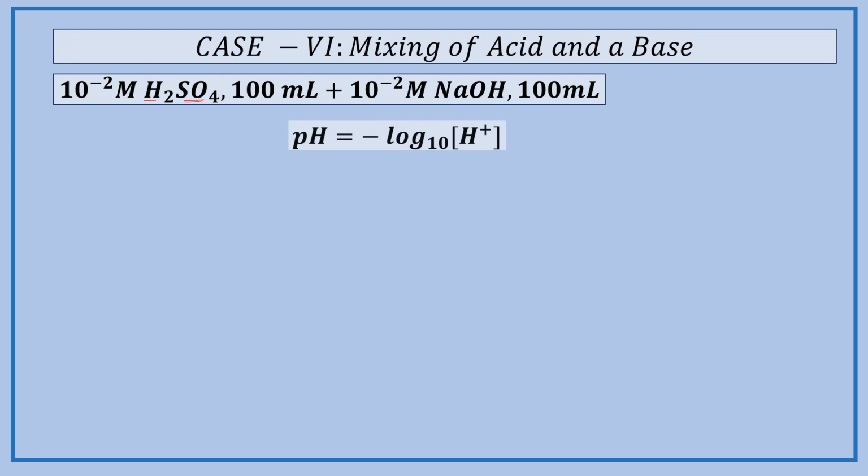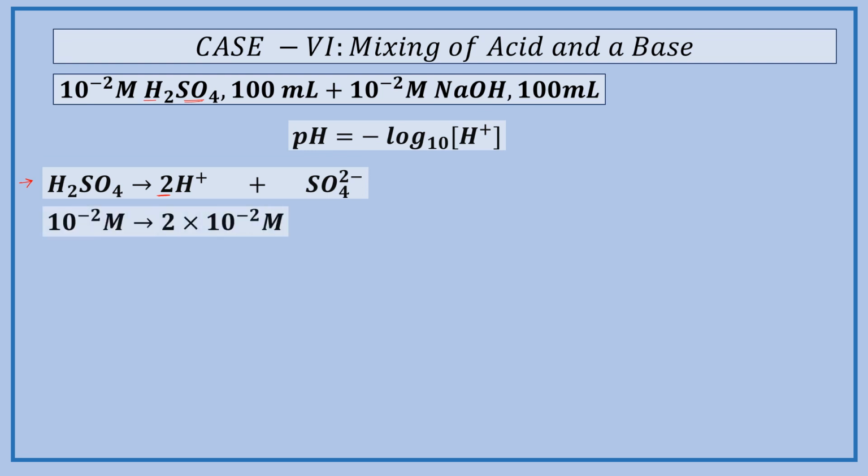From our earlier illustrations, we know the dissociation of H2SO4 takes place like this. 1 mole of H2SO4 furnishes 2 moles of H plus ions. Therefore, a 10 to the power minus 2 molar solution will produce 2 times 10 to the power minus 2 molar H plus ion concentration.